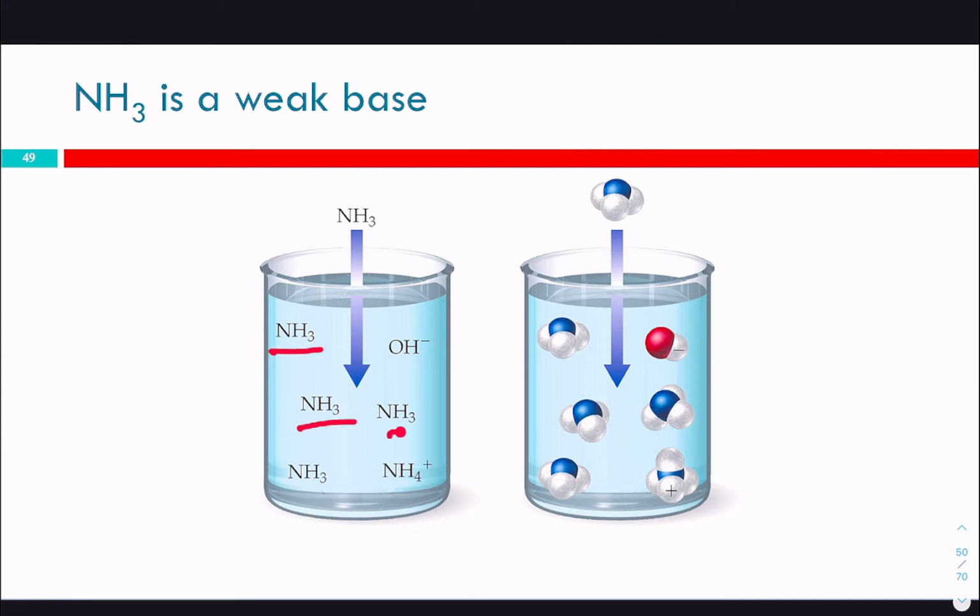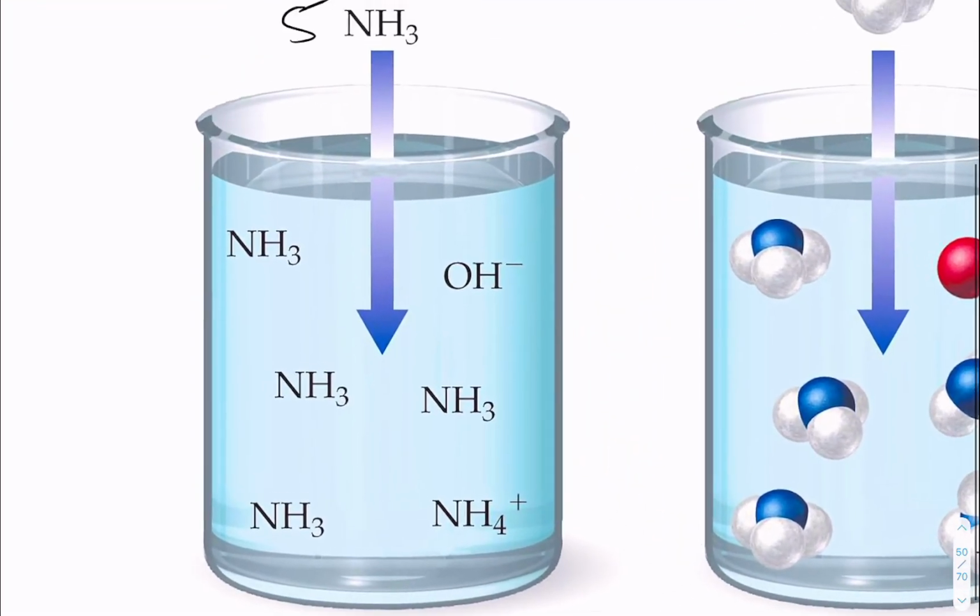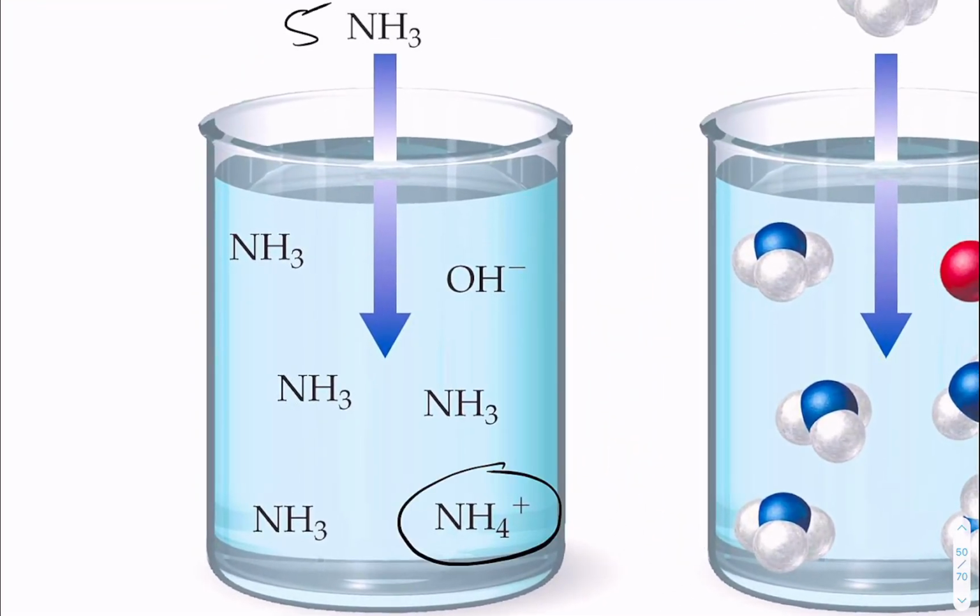It's 1, 2, 3, 4, 5. So we had 5 ammonia molecules. Only one of these ammonia molecules has actually picked up a hydrogen to produce 1 hydroxide. So unlike weak acids, which partially ionize, ammonia just has a very weak ability to steal a proton from water.